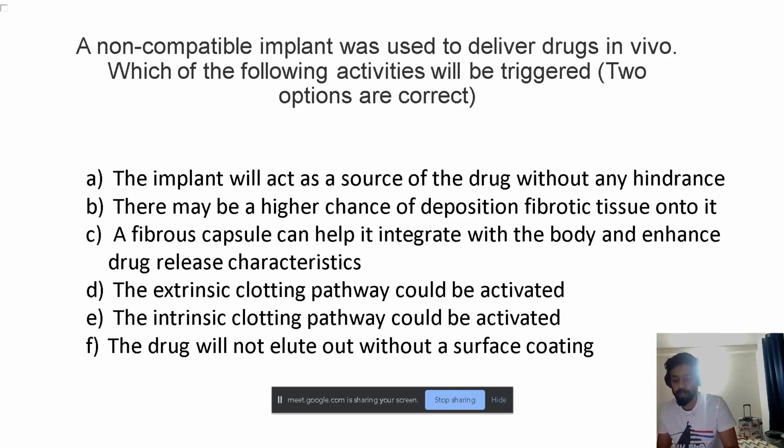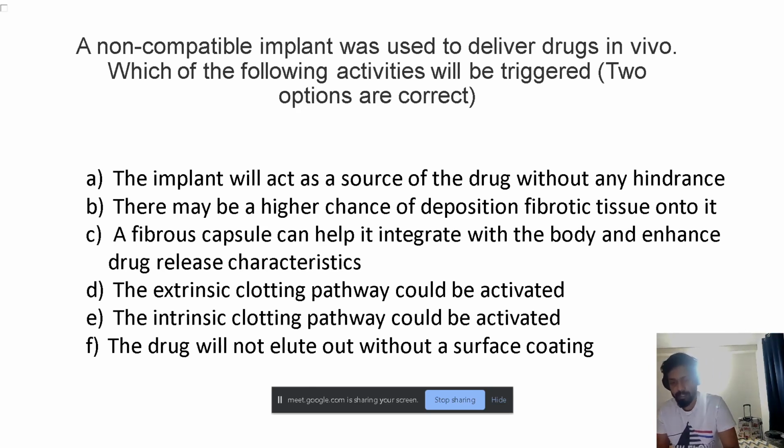Because if you're putting in an implant, the clotting pathway is probably not because of tissue damage that you are causing, right? The tissue damage would have already been there. But the intrinsic clotting pathway can get triggered because of surface contact, and if these cells recognize this implant as something that doesn't belong to the body, then it will trigger this intrinsic clotting pathway.